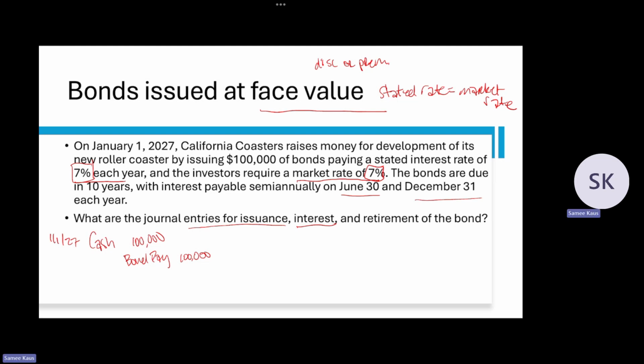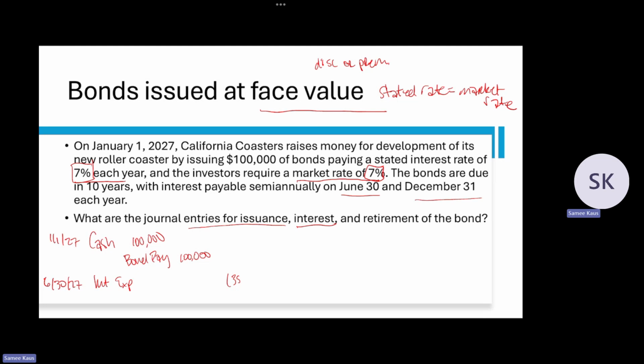The first interest payment is going to be on June 30th, 2027. How do I recognize interest? What amount of interest am I paying? I need to recognize interest expense through my income statement. It's the cost of borrowing money, and I need to reduce my net income by that amount.